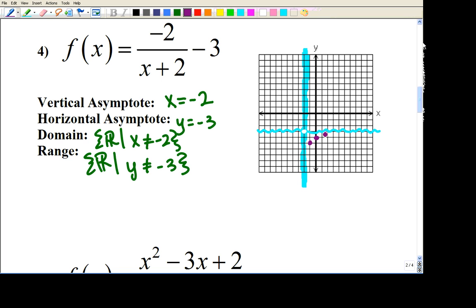If I was at (4, 1/4), I'll now be at (4, negative 1/2). When I was at (1/2, 2), I'll now be at (1/2, negative 4). And then I was at (1/4, 4), so I'll now be at (1/4, negative 8), just off the graph. So there's one side.